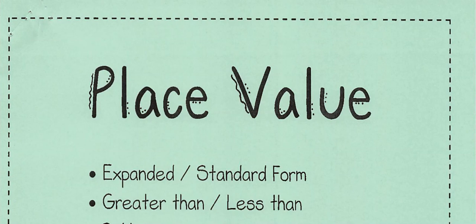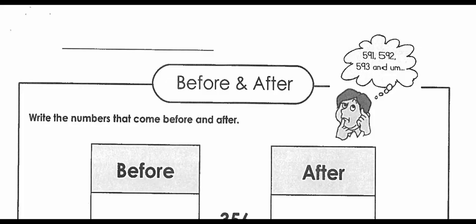We're still talking about place value, but it's going to look a little bit different than what we did before, okay? The two terms we're going to use are what comes before a number and what comes after a number. If I want to know what comes after a number, I'm adding however many that is.